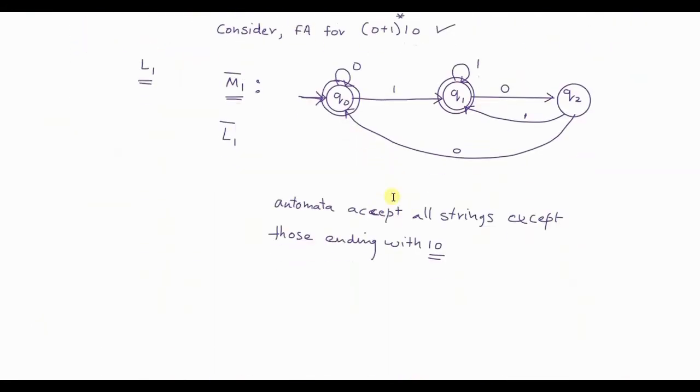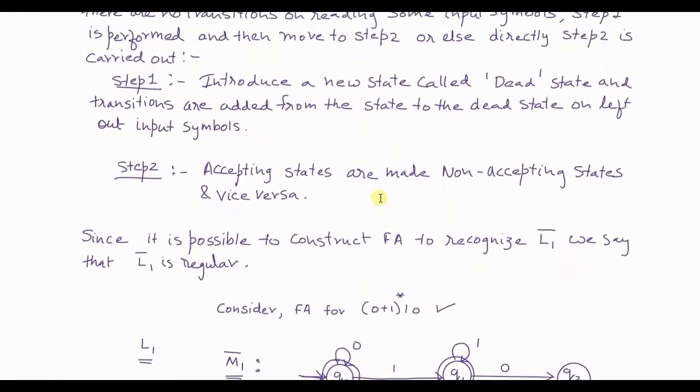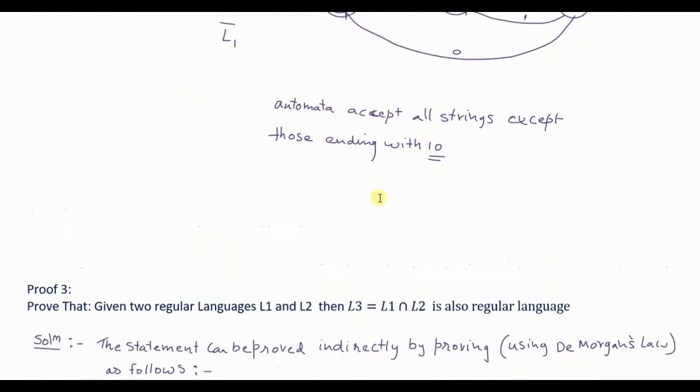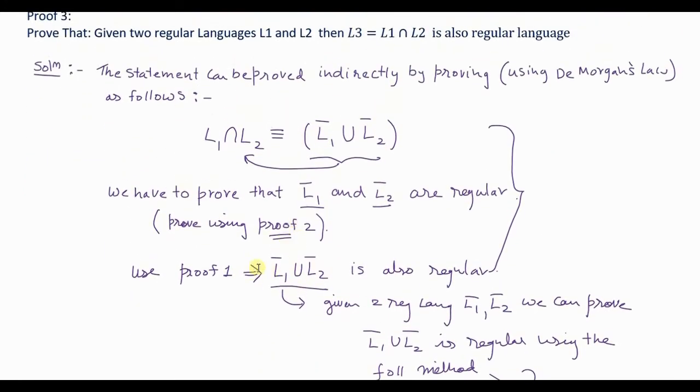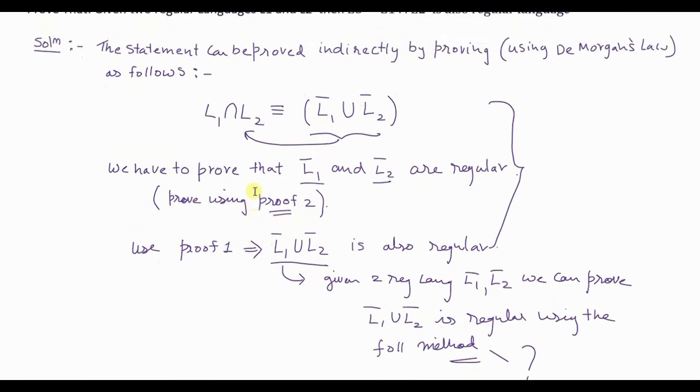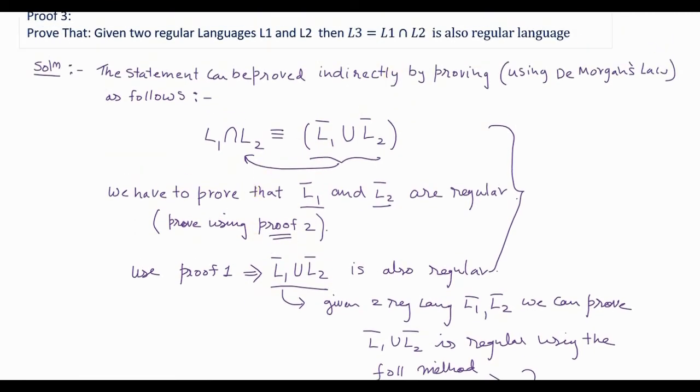Okay, so I will not formally write the proof for this one, for intersection 1, but I have just shown you the skeleton how to prove this particular proof. So you can try it at home.